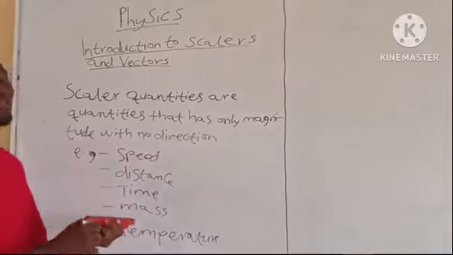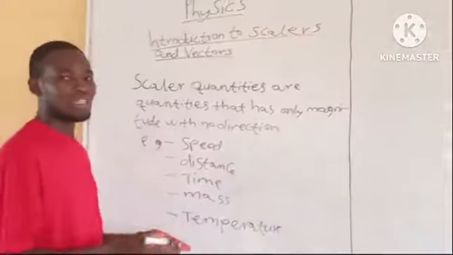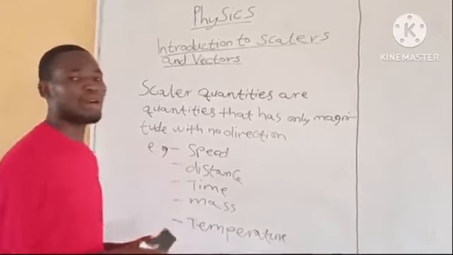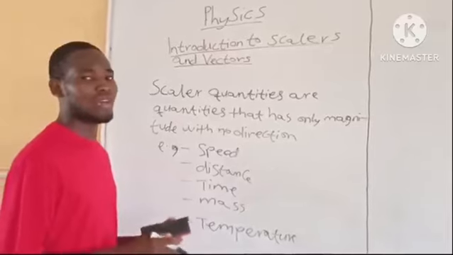These are examples of scalar quantities. There are so many other examples. Go to your physics textbook, you will see them there. Now let's talk about vector quantities.